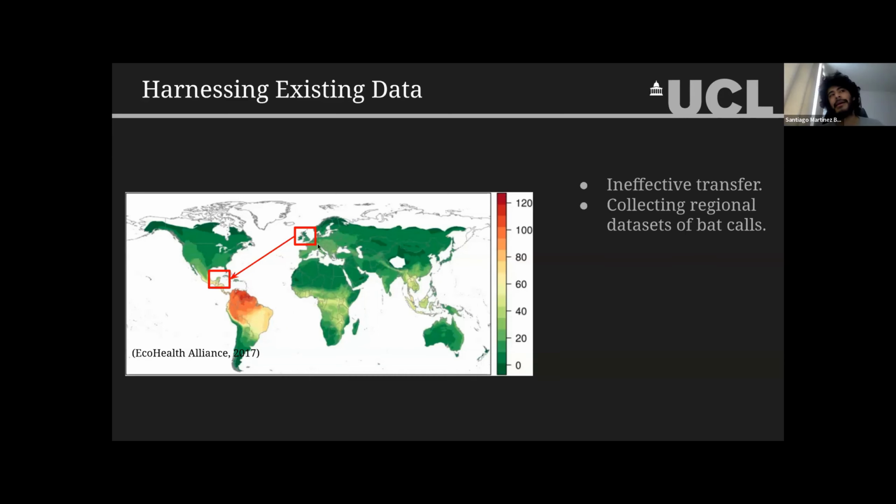And that possibly can be explained due to the still small scale of the bat data set from the UK. So we're actually in the process of contacting several collaborators from across the globe, where we will be collecting several data sets of regional bat calls, each of which have different species. And with that, we can start doing this exploration around the question of how do you do transfer learning in this context.